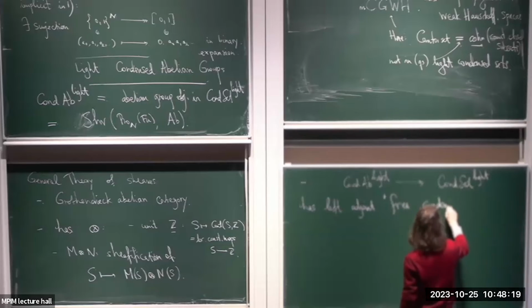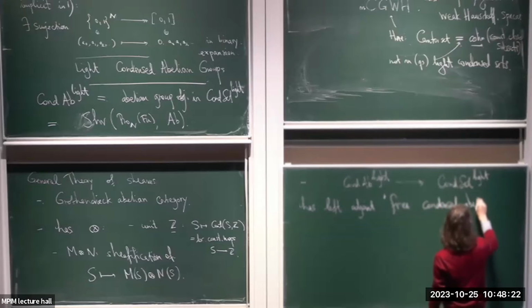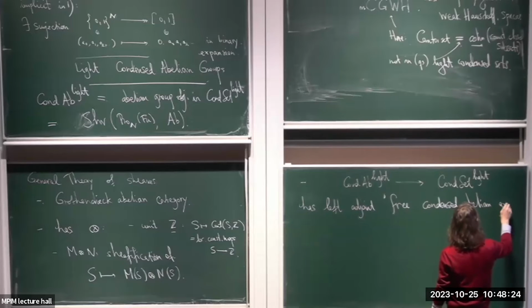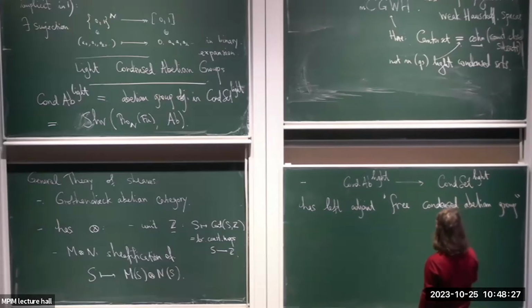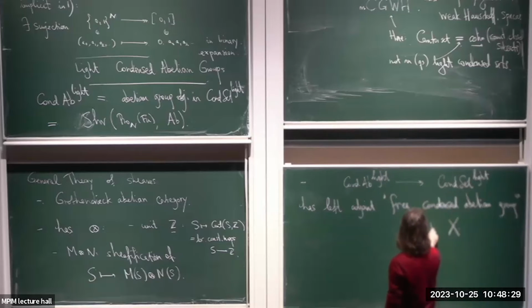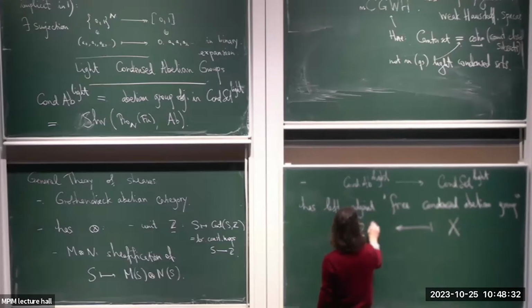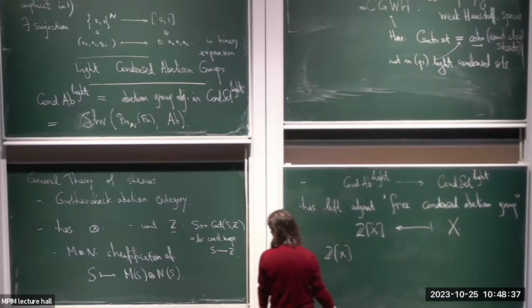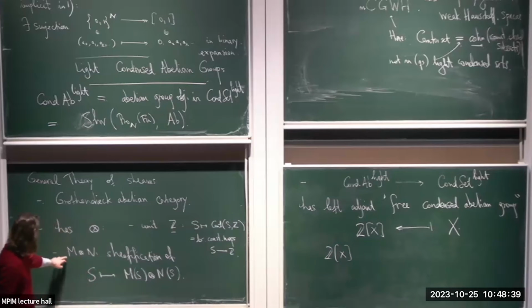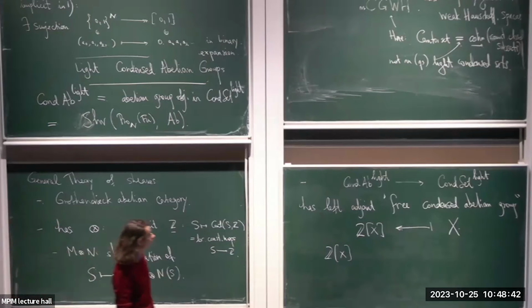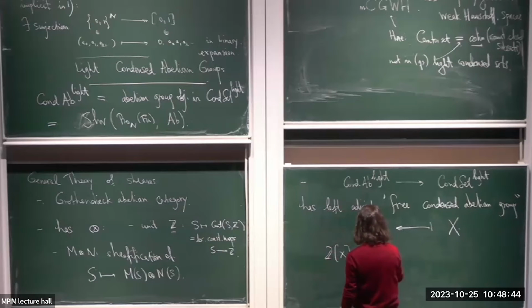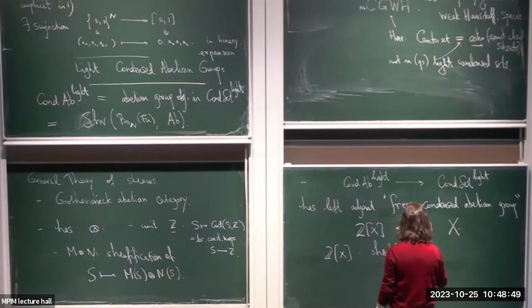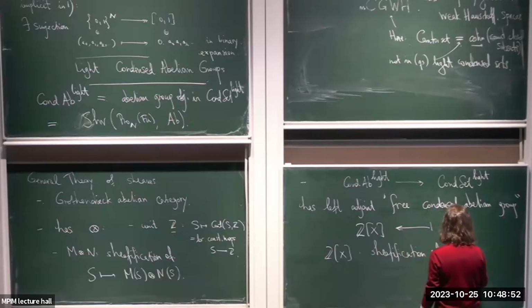Let me drop the light when I say that. That takes any light condensed set X to the free abelian group on X, Z[X]. I mean, in general for these colimit type constructions like tensor product and such a left adjoint, you always have to sheafify. So it's the sheafification of the thing that takes any S to the free abelian group on X(S).